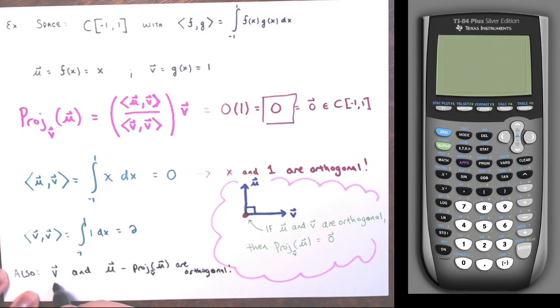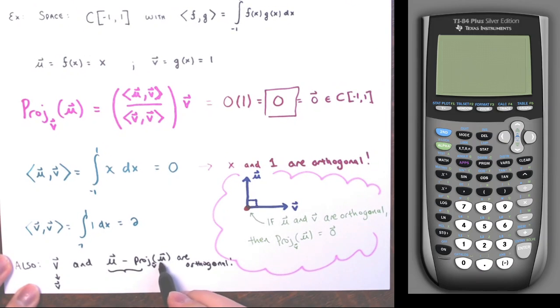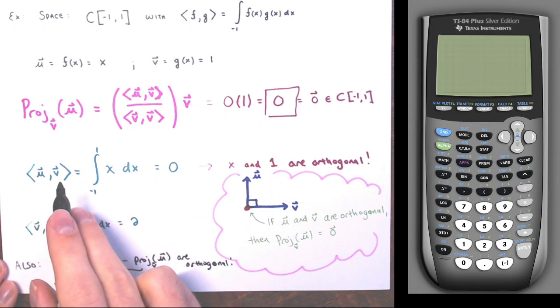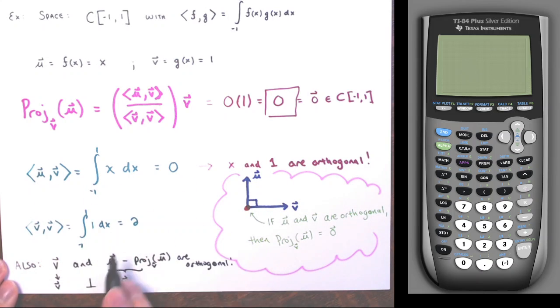Well, v is just v, and this time u minus the projection vector is just u minus 0. This is u. And we've already shown, remember this little perpendicular symbol means they're orthogonal, that the inner product of u and v is 0. So they are orthogonal. But it still holds. Everything still holds as it did in the first several examples.